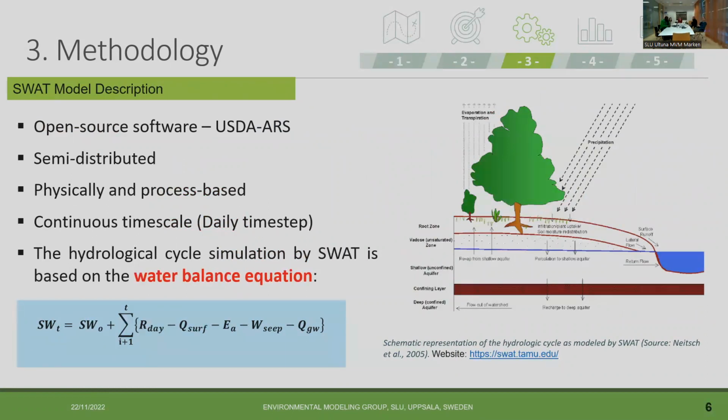It operates mainly on a continuous time scale, although there is a sub-hourly option, but it's rarely used or even recommended for those who are not advanced modelers. So most research you'll find is on the daily time step. And it uses the water balance equation to perform the hydrologic cycle simulation.